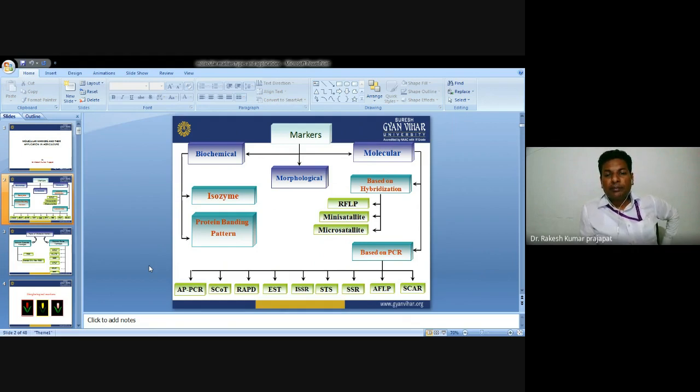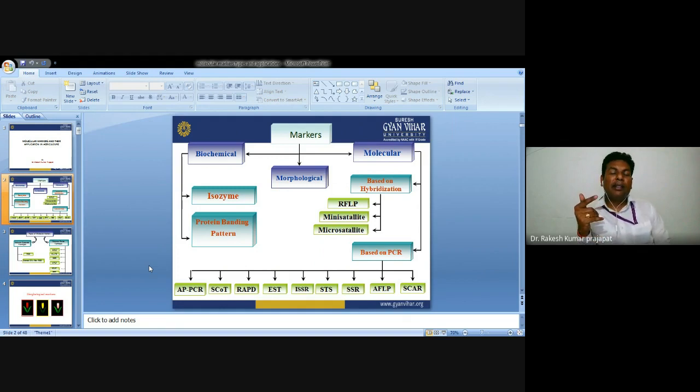Similarly, morphological markers. Morphological, as the word itself indicates, means plant morphology: plant height, flower color, pod shape, pod size, seed color, seed weight, plant morphological appearance, growing habit of the plants. All these traits act as morphological markers.